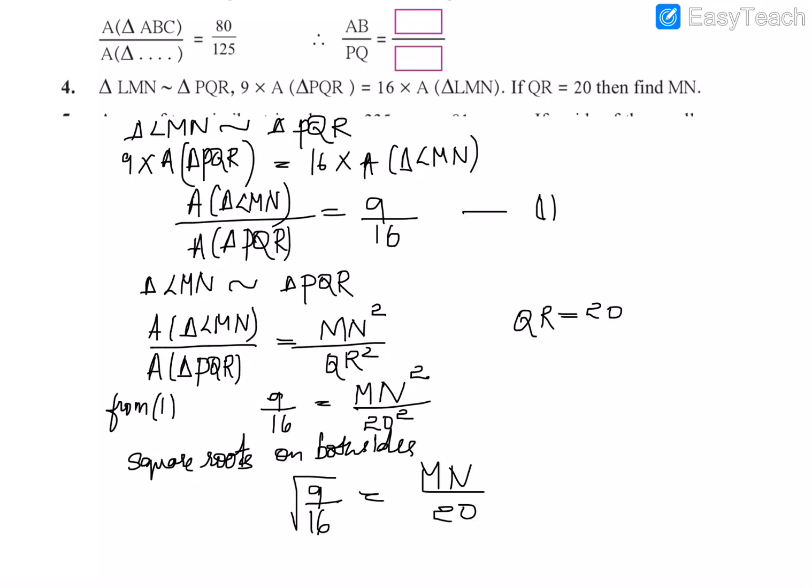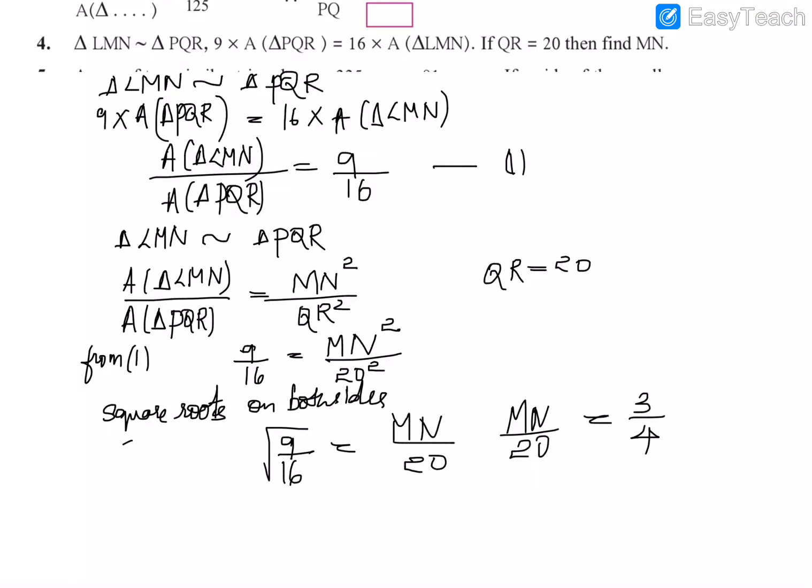Since MN square and 20 square were on this side, the squares get cancelled. Now we can write MN by 20 is equal to root of 9 by 16, that is 3 by 4.